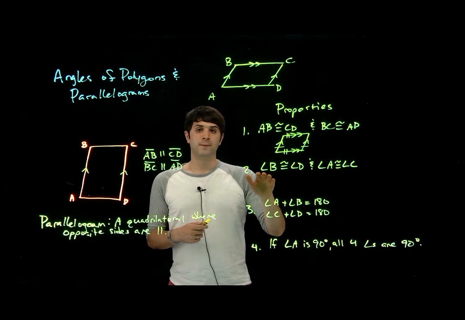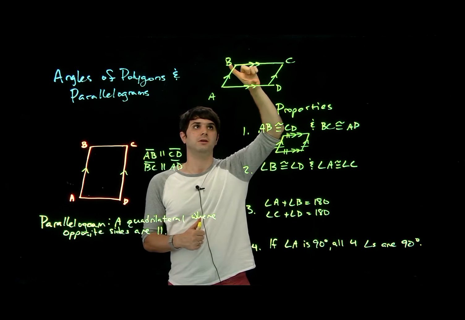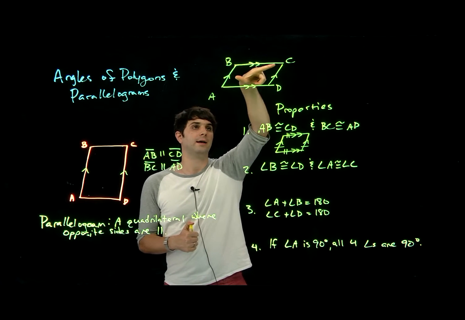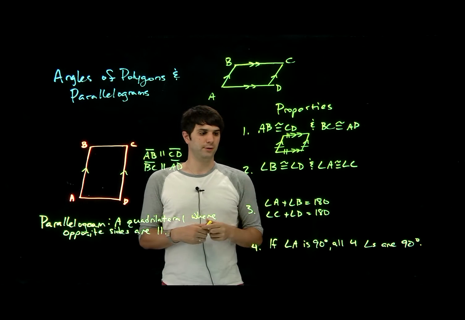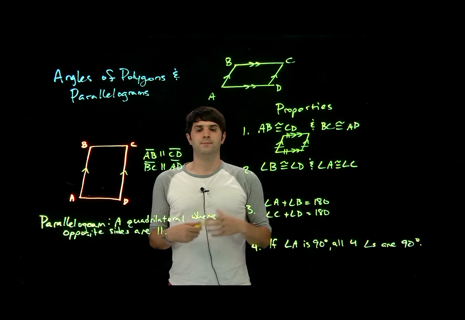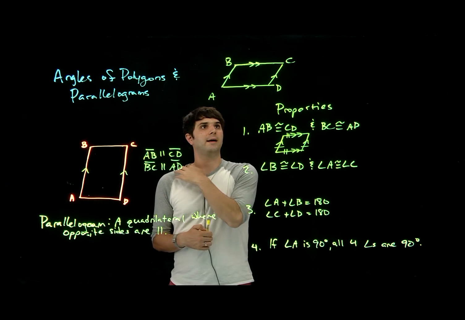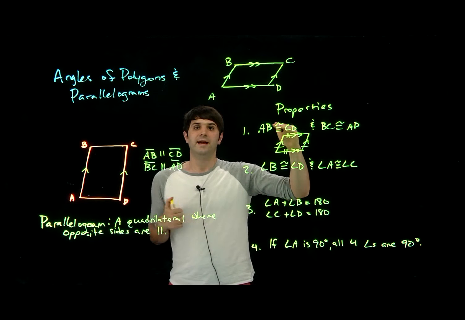But the second property is that angle B is congruent to angle D, and angle A and angle C. So opposite angles are congruent. All right. So the reason we can do that is sort of the same logic. You can draw a line here, and by using this, then SSS.